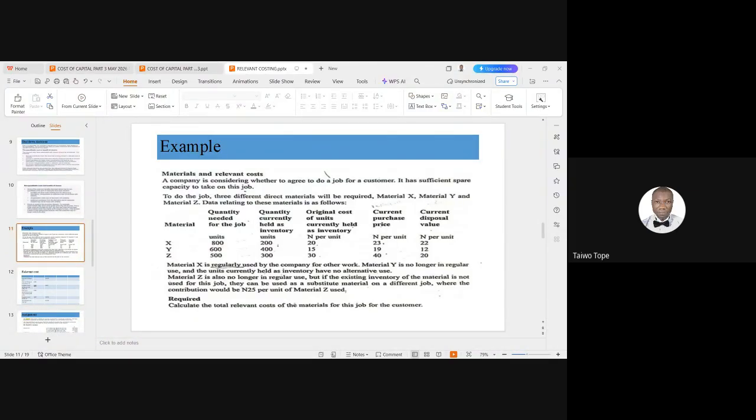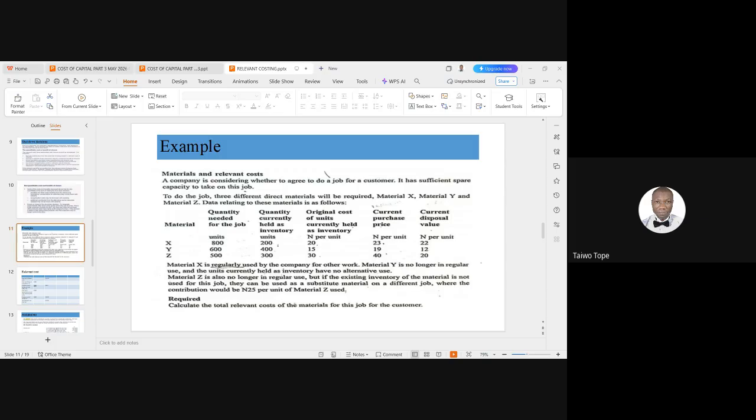But if we are to use it for the substitute, we are going to get a contribution of 25. But since we want to use it for this particular production, we are not going to get 25. So the opportunity cost of 300 will be the 25 naira per unit that you are not getting, and it will be the relevant cost for the 300 units that you have in stock.